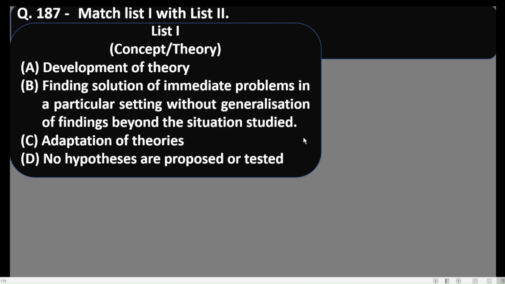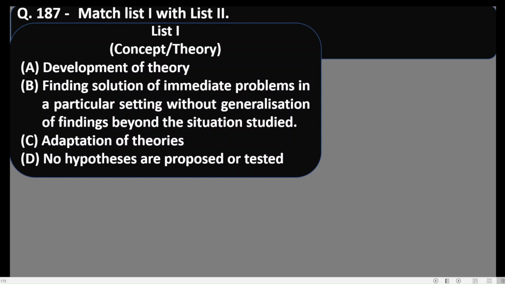Question 187. Match list 1 with list 2. List 1 concept or theory are given in A, B, C, D. In A, development of theory. B, finding solution of immediate problems in a particular setting without generalization of findings beyond the situation studied.